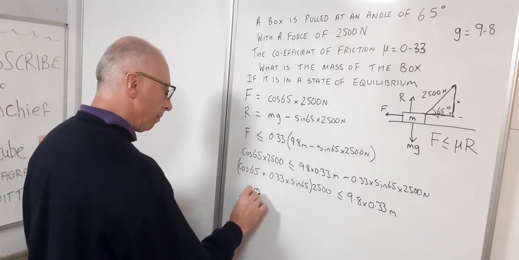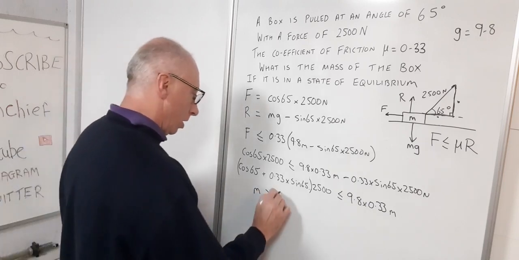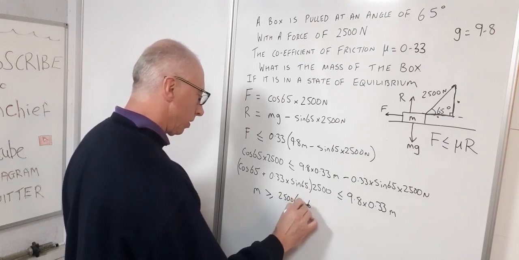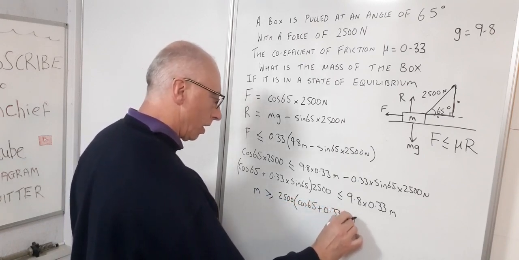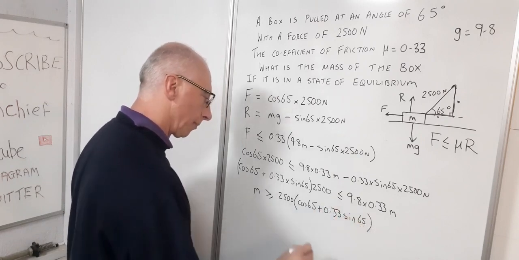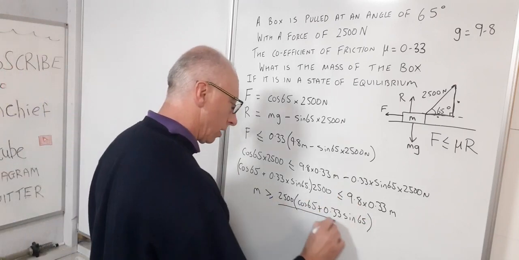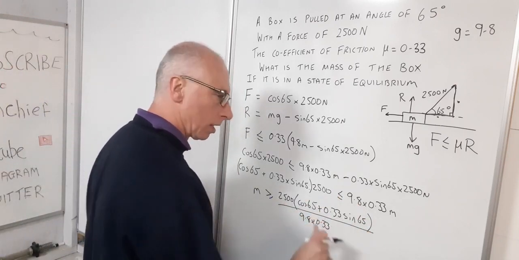So now I'll have m is greater than or equal to 2,500 times cosine 65 plus 0.33 sine 65, and then divide that by 9.8 times 0.33.